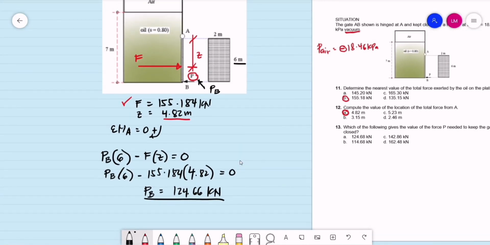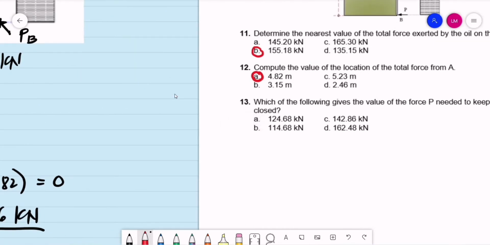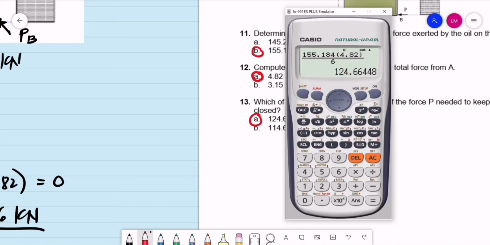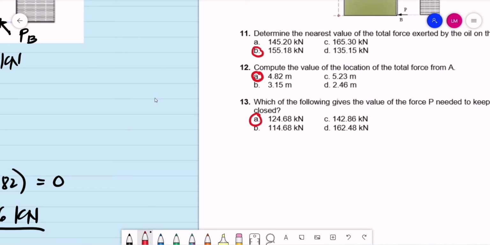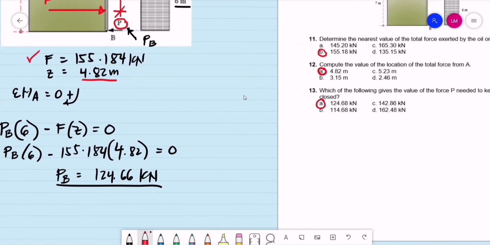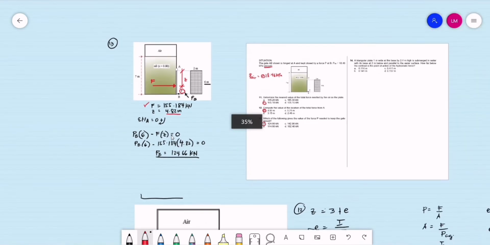Pero kung titingnan lang natin ng konti, ano yung pinakamalapit sa choices? That will be letter A, 124.68. Baka iba yung ginamit niya dyan. Baka ang ginamit niya is yung 2 decimal lang ng force, 155.18. Yun lang din naman. So, pero anyway, ang sagot natin will be 124.68 kilonewtons. So, yun na yung pinakamalapit na value. So, this will be our solution for problem 11 to 13.